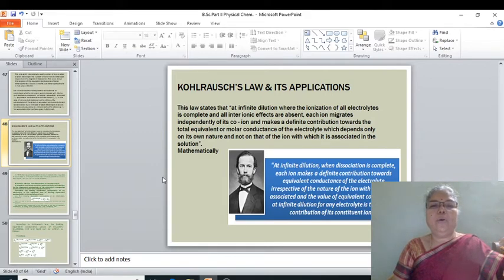The statement of the Kohlrausch law is: when the dissociation is complete, each ion makes a definite contribution towards the equivalent conductance of the electrolyte, irrespective of the nature of the ion with which it is associated, and the value of equivalent conductance at infinite dilution of any electrolyte is the sum of contributions of its constituent ions.